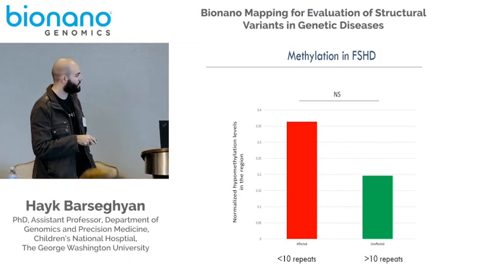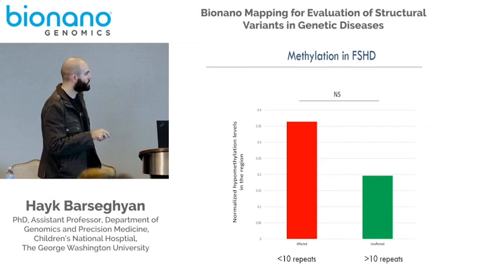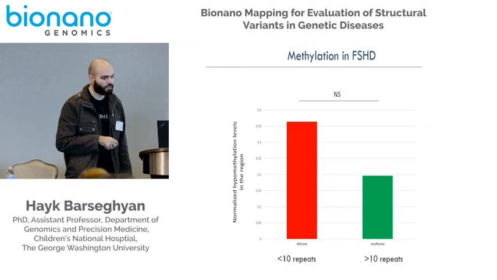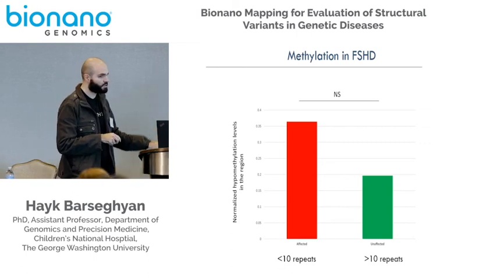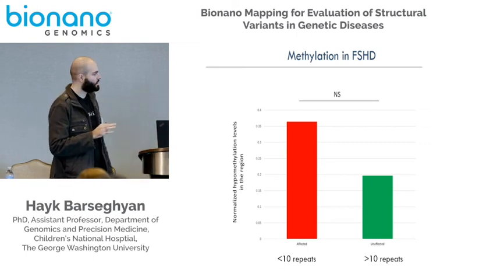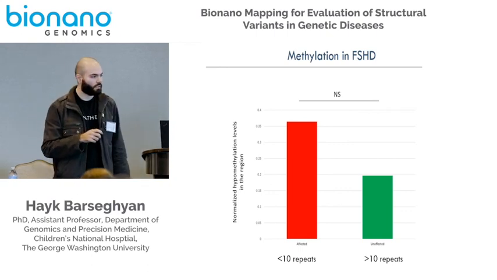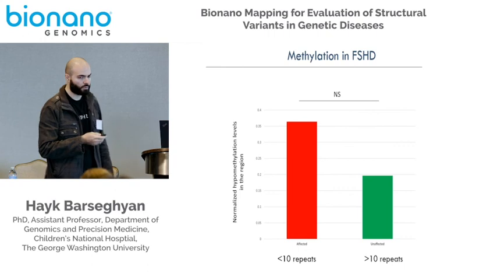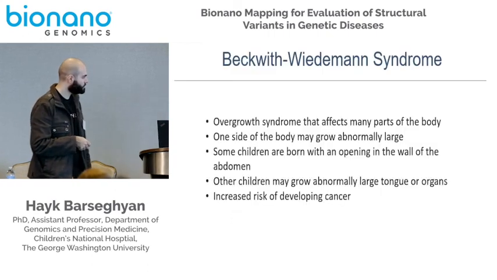But if you have higher than 10 repeats, then the methylation levels are normal. This is not quite significant yet, but this is N of 3 only. And if we remove one sample, it does become significant. That one sample had a lower than expected coverage, so it might still be significant.